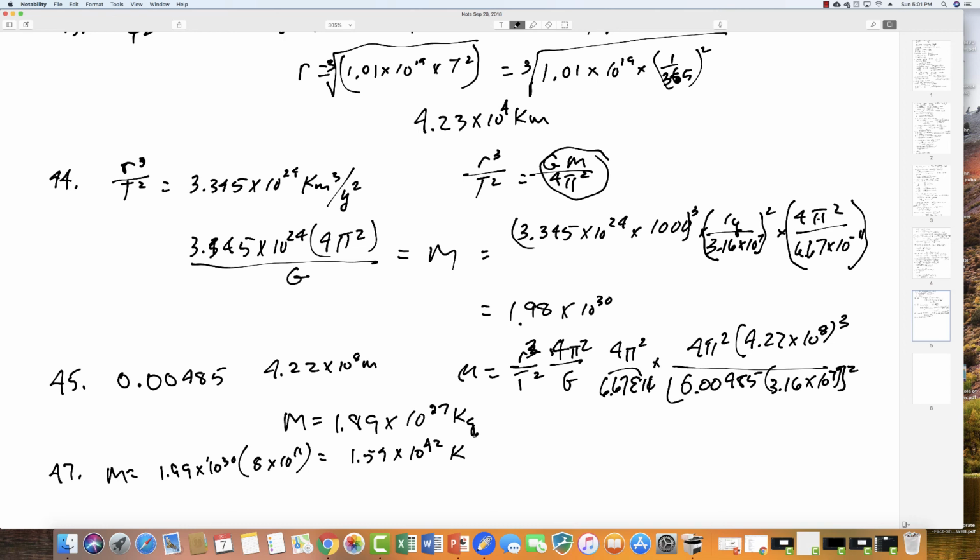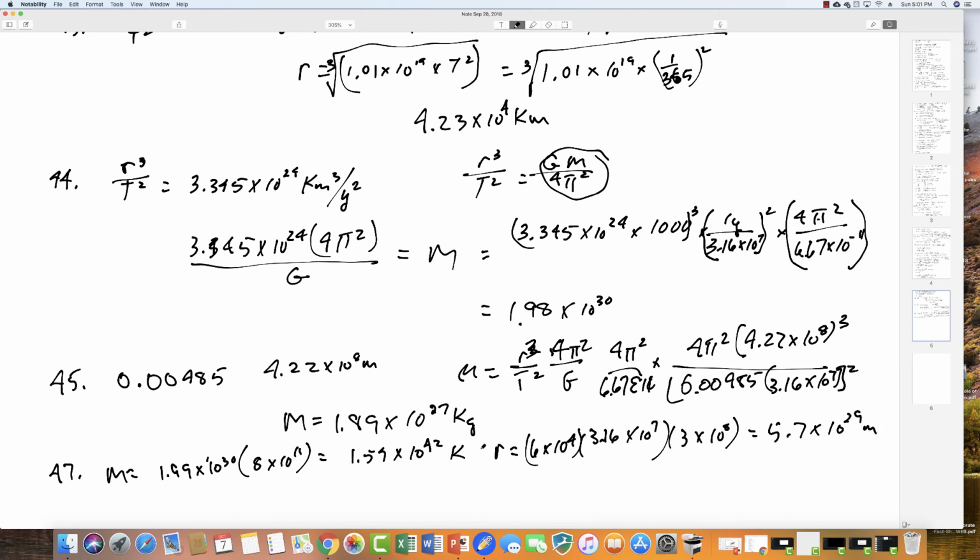It also says that the radius is 6 times 10 to the 4th light years. So that's 6 times 10 to the 4th times the number we have for seconds in a year times the speed of light, which is 3 times 10 to the 8th. So the radius is 5.7 times 10 to the 29 meters.